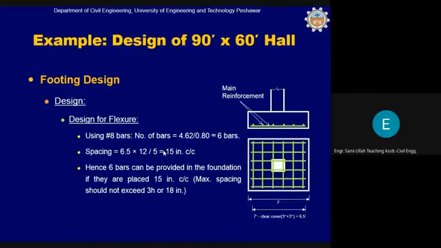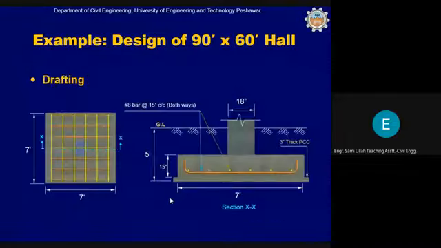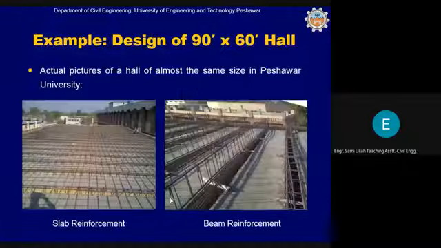Now look at some practical pictures. These are our own designs that we have done. In the picture on the right, you can see beams. The beam cages have been prepared, but they have not been placed in the formwork.